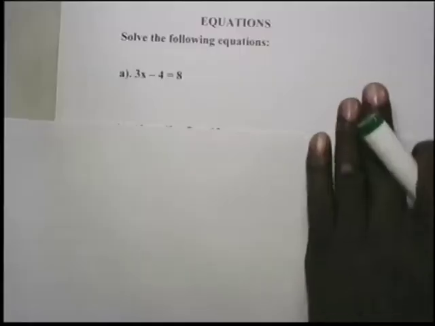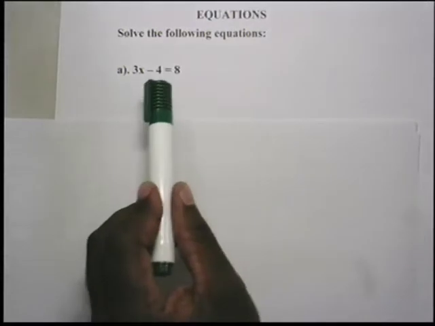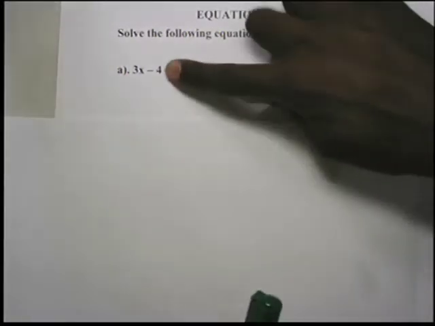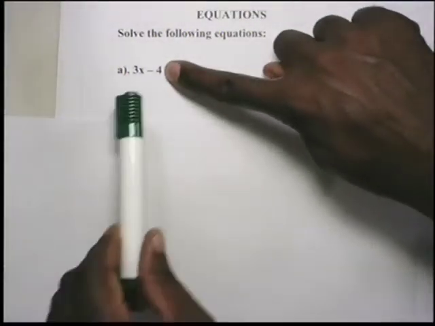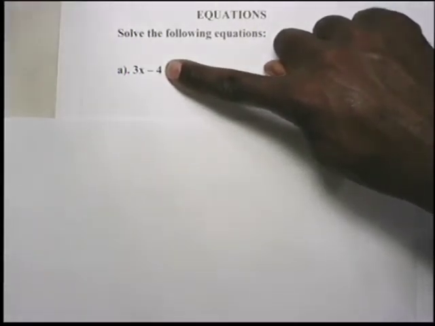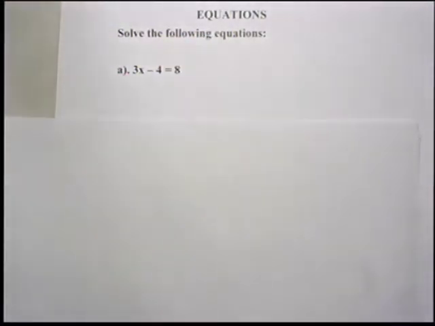So if we look at our screen, we will realize, for example, we have 3x minus 4 is equals to 8. Now, if we cover that part there, and we are just left with 3x minus 4, that is just an expression. It's not an equation. But the moment we introduce the equal to sign, it becomes an equation, and then we can solve.